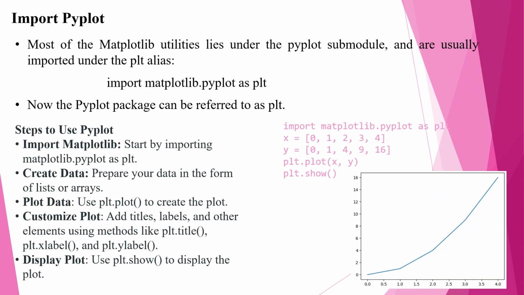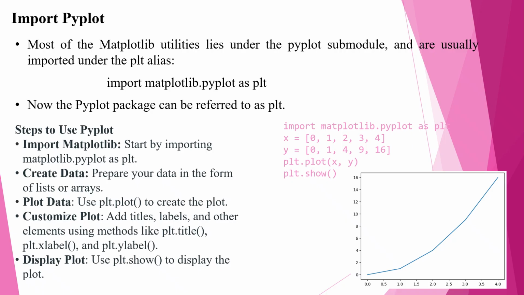To use PyPlot in Matplotlib, a series of simple steps are followed to create and display visualizations. First, the matplotlib.pyplot module is imported, usually with the alias plt, which provides all the plotting functions. Next, the data to be visualized is prepared, typically in the form of lists or arrays. The plot is then created using functions like plt.plot, which generates the desired graph.